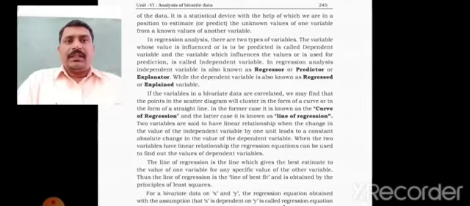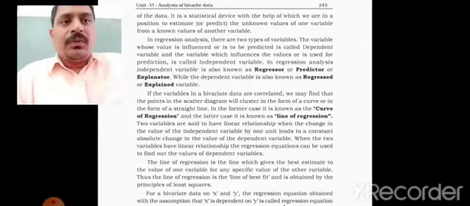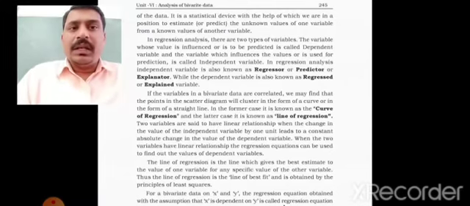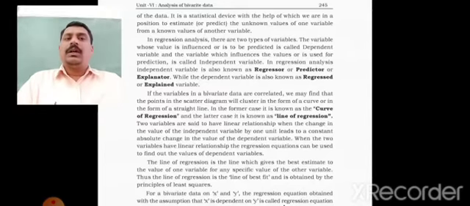It is a statistical device with the help of which we are in a position to estimate or predict the unknown value of one variable from a known value of another variable.